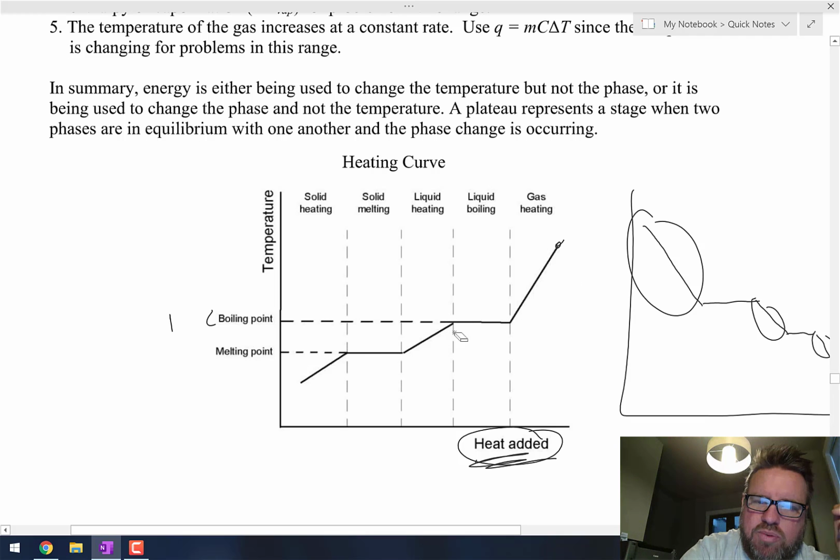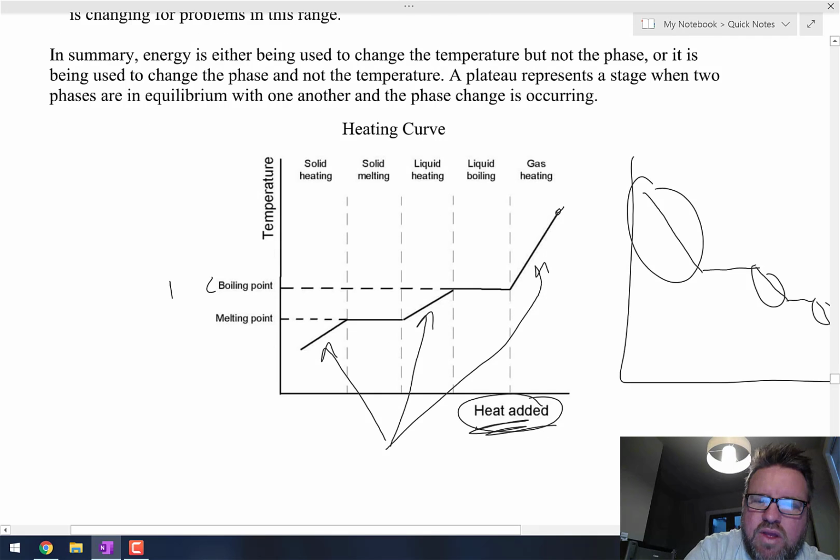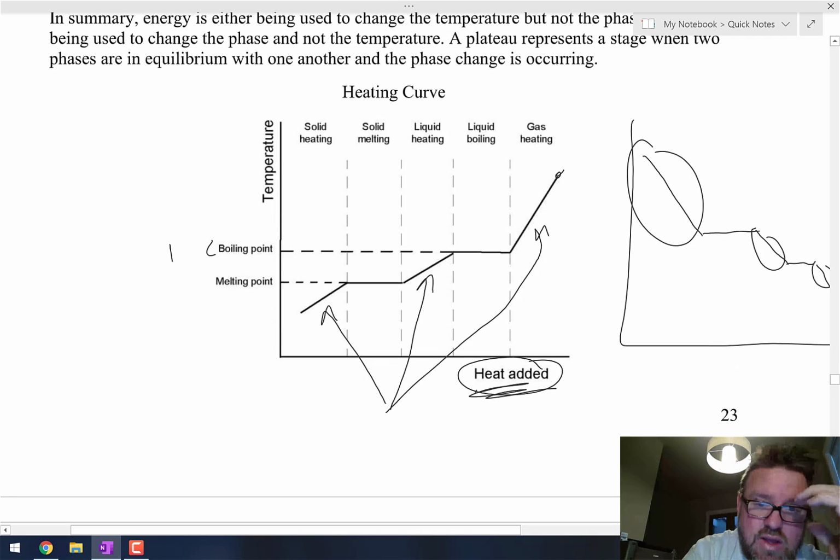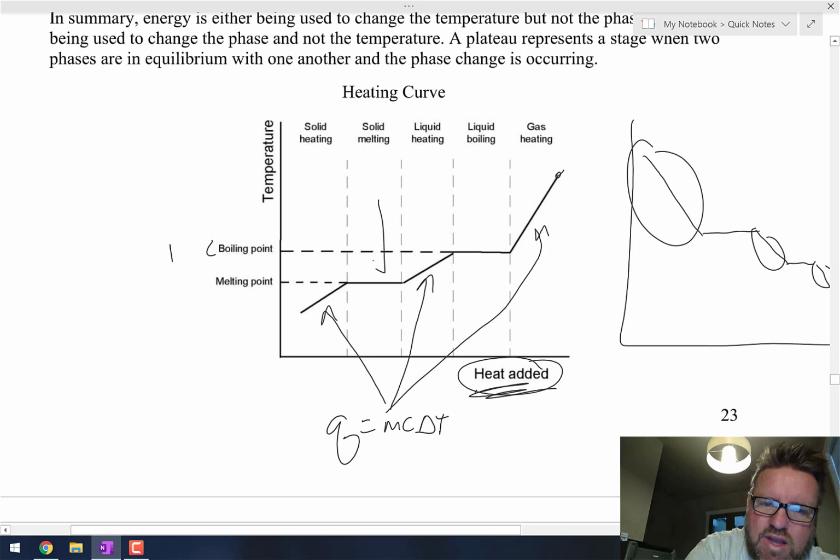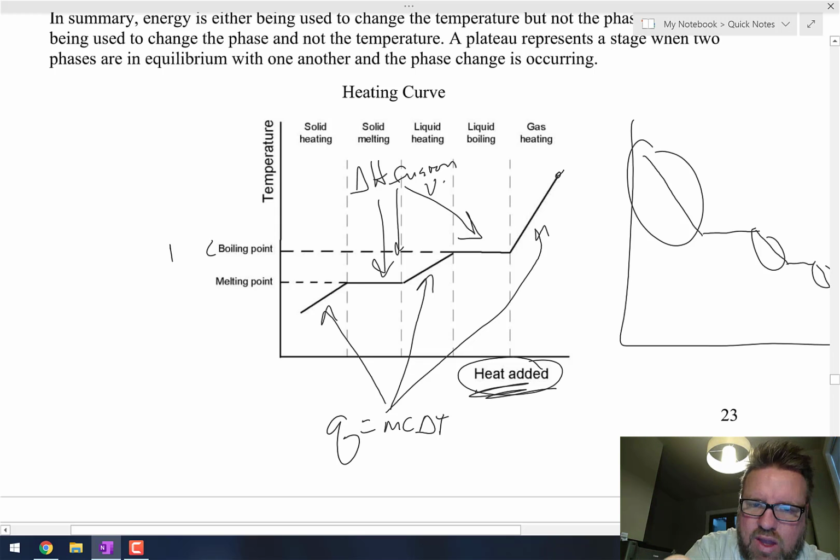So when you're doing problems with these, whenever you're dealing with this part, or this part, the way that you calculate the amount of heat it takes to get somewhere is you use Q equals mc delta T. Anytime you're at this part right here or this part right here, you're using the enthalpy, either the enthalpy of fusion, which is melting, or the enthalpy of vaporization, which is this one here when you're vaporizing something.